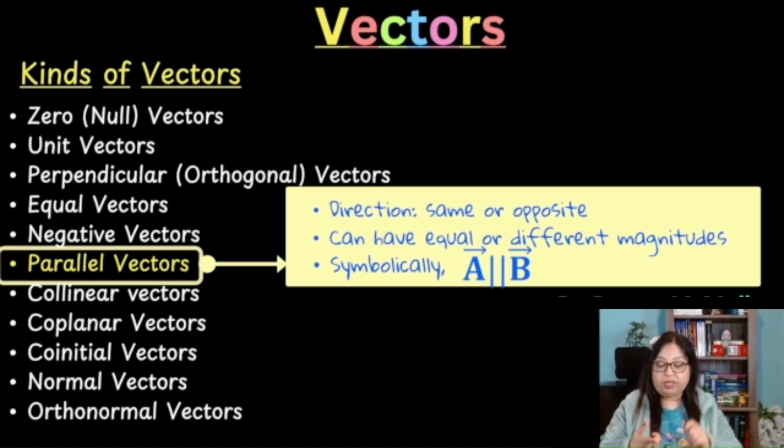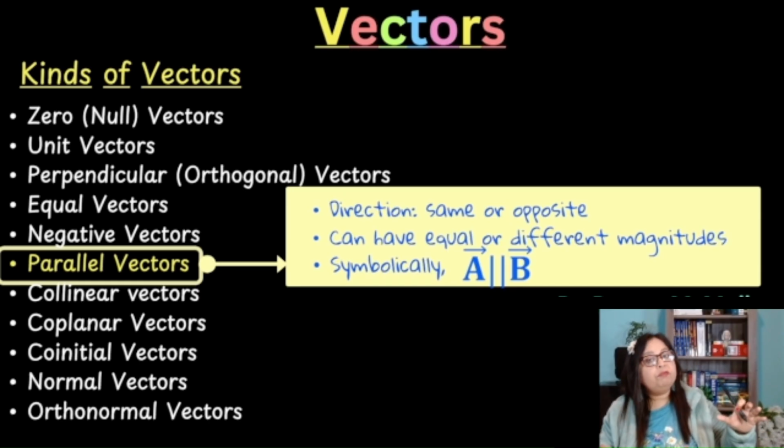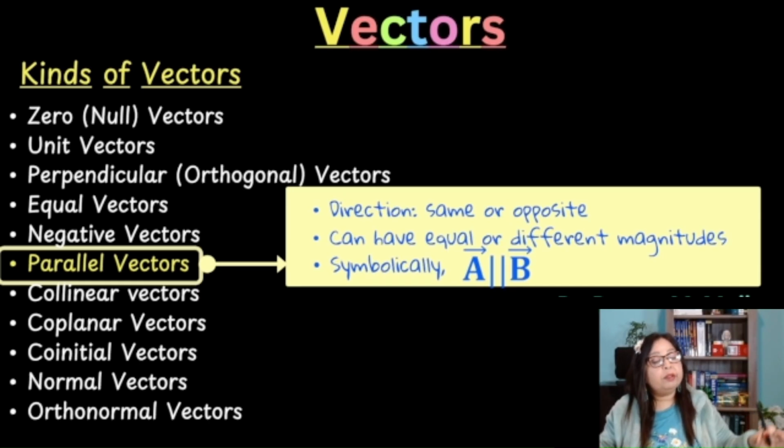So equal vectors and negative vectors are a subset, a subclass of parallel vectors. Equal vectors are kind of parallel vectors, and negative vectors are kind of anti-parallel vectors. Equal and negative vectors are equal in magnitude. However, parallel and anti-parallel vectors have to do only with direction, not with magnitude.